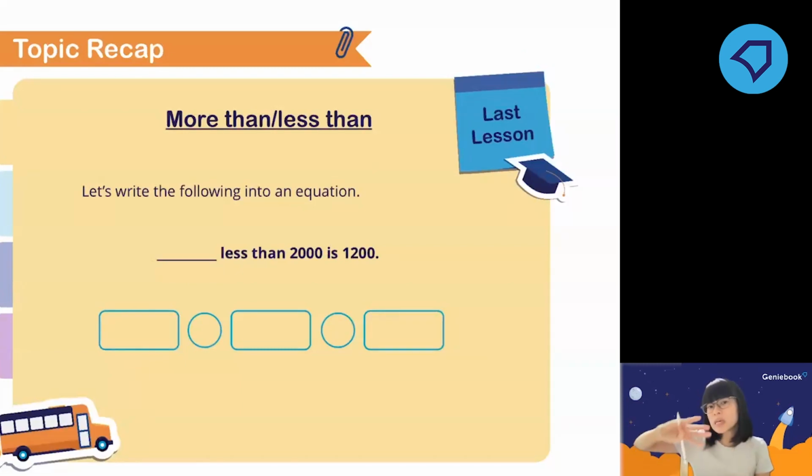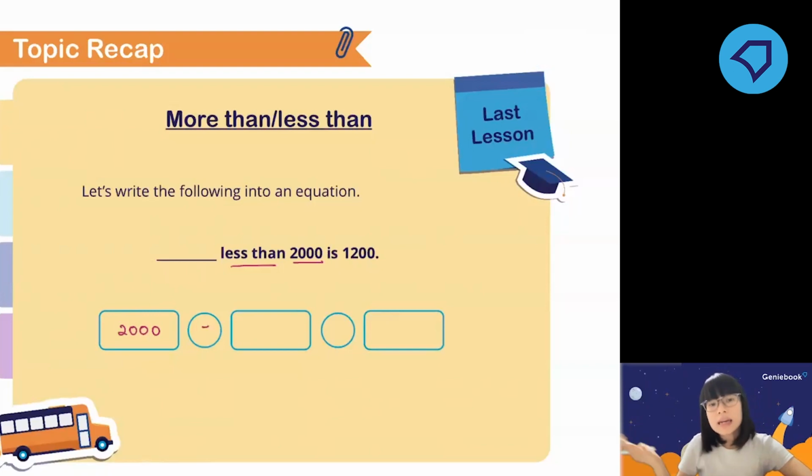If I want you to interpret this as an equation, what does this mean? Less than means we need to minus, isn't it? Now remember, the second number over here is the base. So what less than 2,000 is 1,200, meaning to say 2,000 should go inside the first box. Less than means we need to minus.